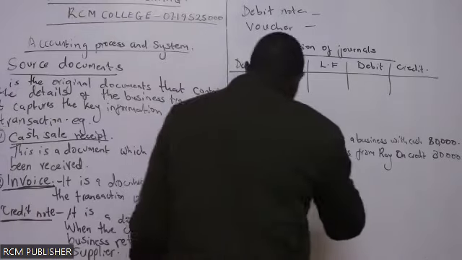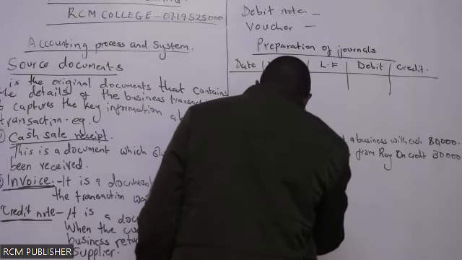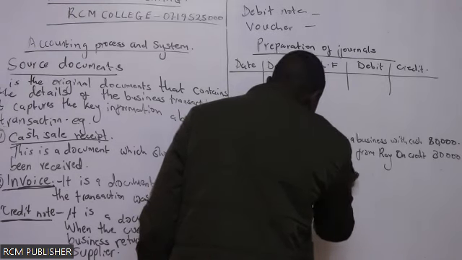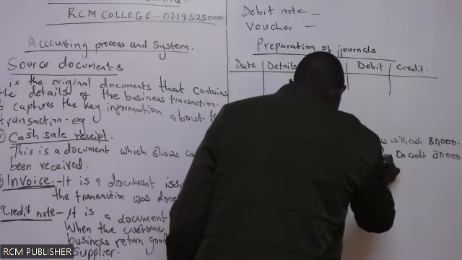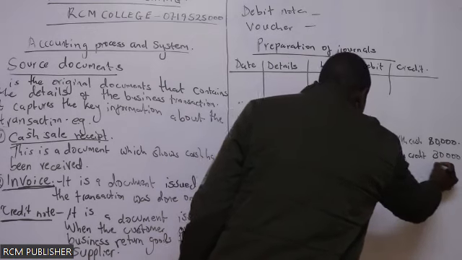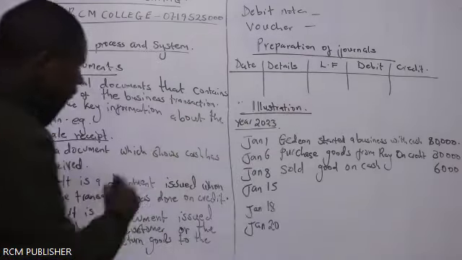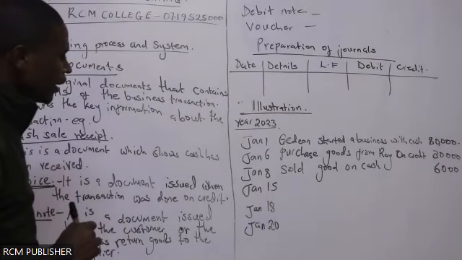What happened on Jan 8? On Jan 8, sold goods, maybe say sold goods on cash. Gideon has sold goods on cash worth 6,000. Then what happened on January 15?